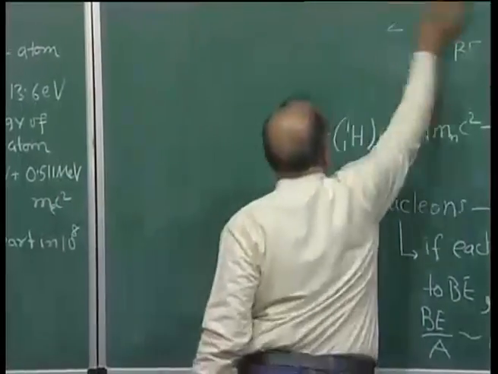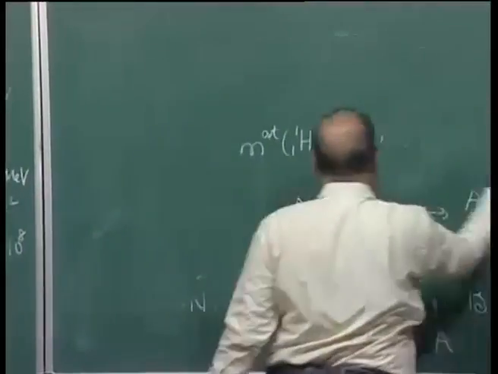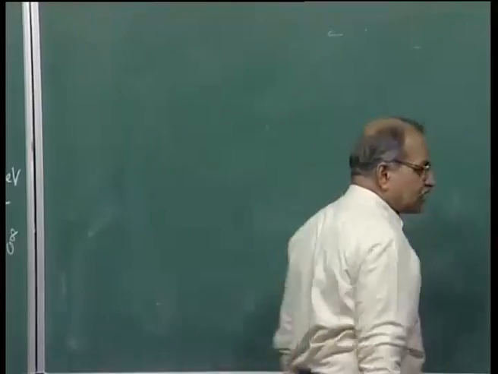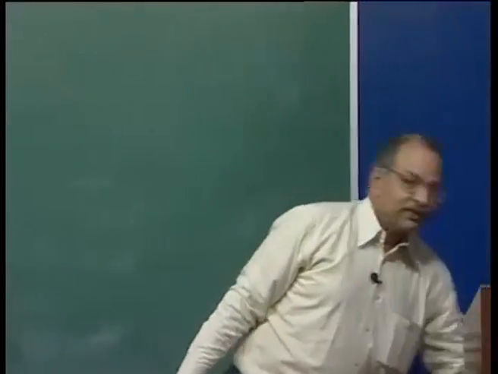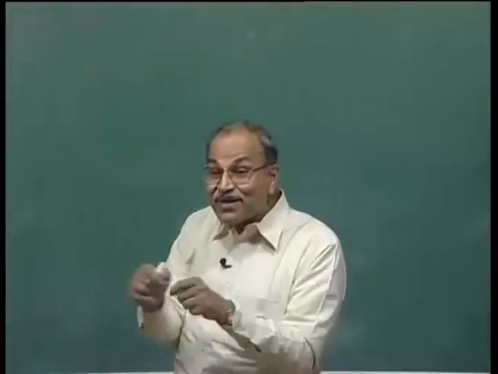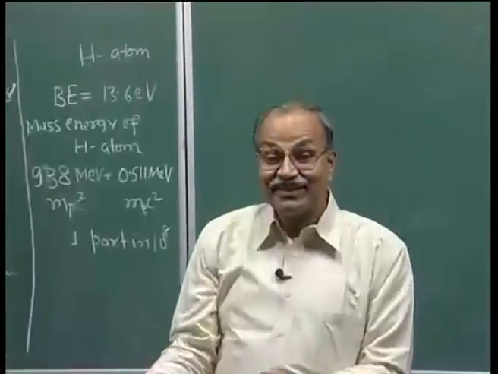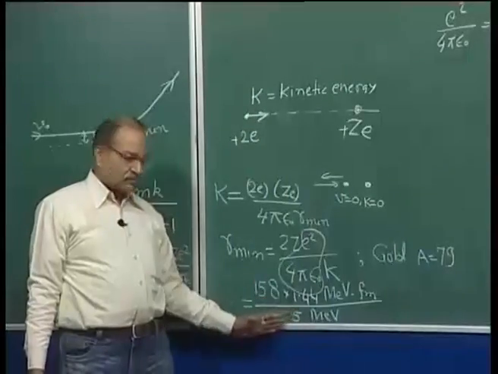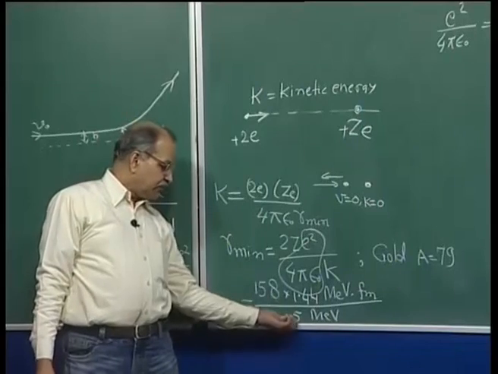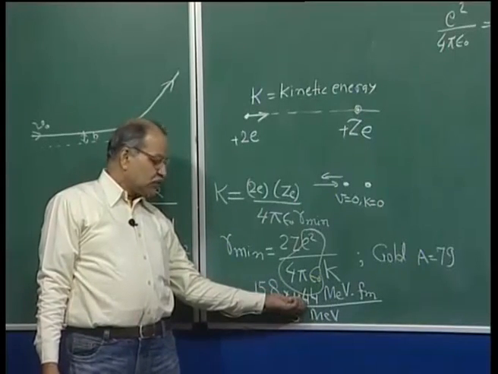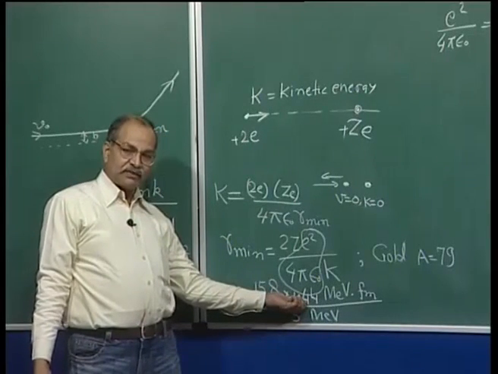So, what message does this curve give you? This curve gives you the message that not all pairs are contributing to the nuclear binding energy. So, 150 by 5 will be 30, and then into 1.4 will be 43 or so.